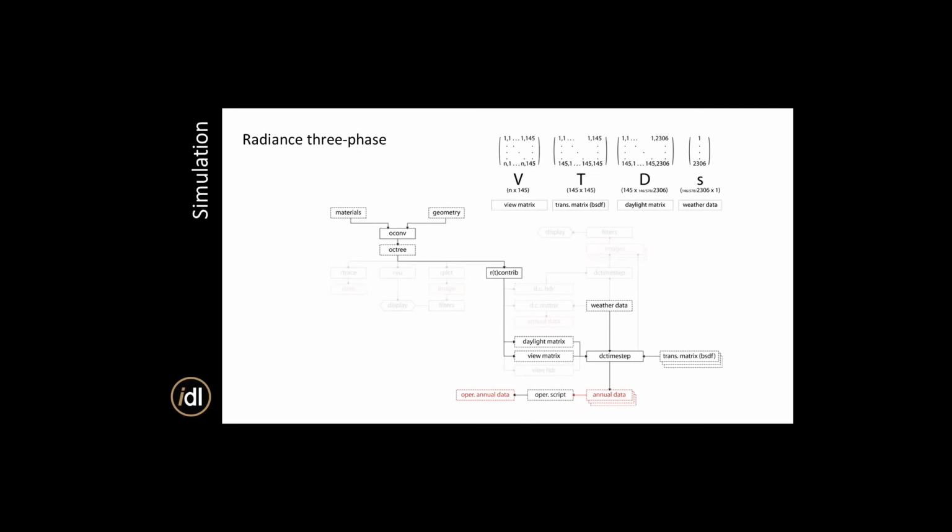So if we look at this particular path, that's essentially what the three-phase method is. So we're preparing our model. We send it to ArcandTrib, which will generate that daylight matrix, the interaction between the sky and the outside of the window. The view matrix, interaction between the interior and the interior of the window.